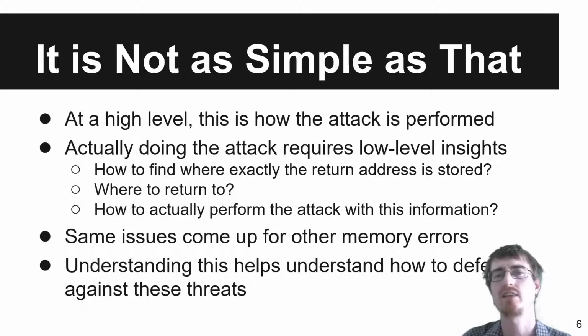And we're going to get these low-level insights now, especially that we also know about assembly. So, questions. How to find exactly where the return address is stored, where to actually return to, and having this information, how are we going to actually perform the attack using this information.